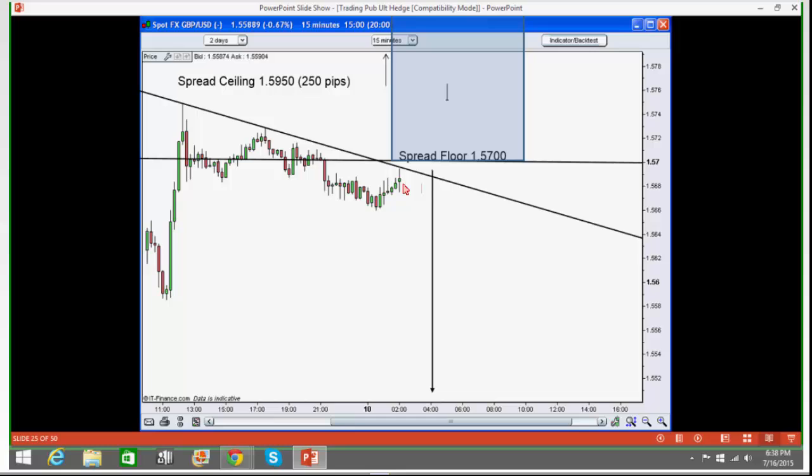Does that make sense? So let's say I found a spread that had a floor of 5,700 and a ceiling of 5,950. So the floor was at 5,700, went up 250 points.